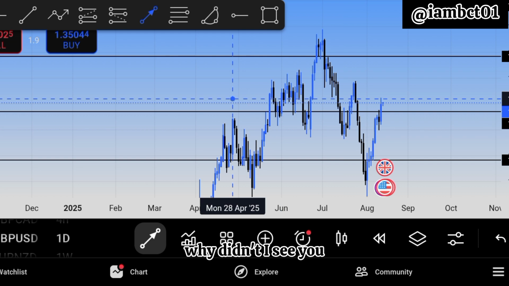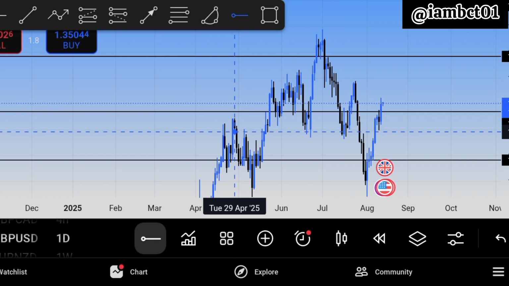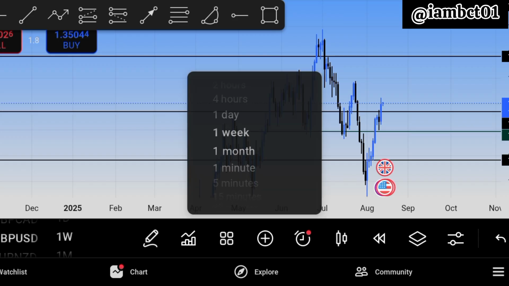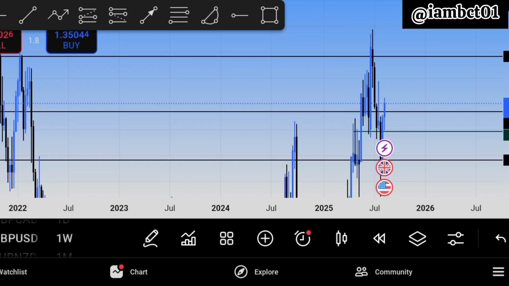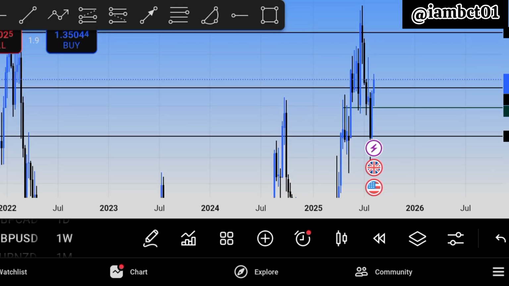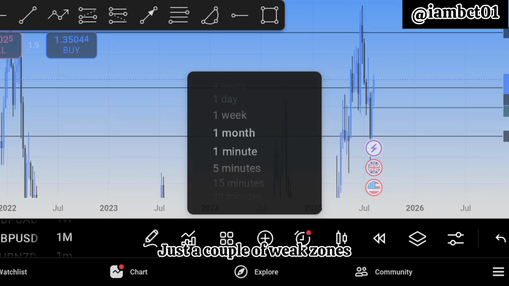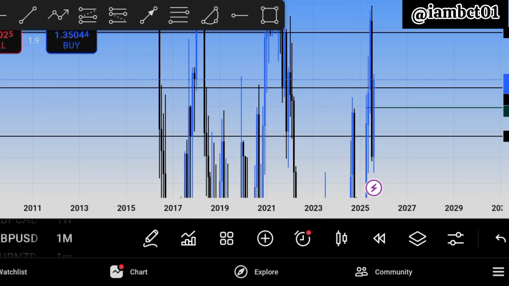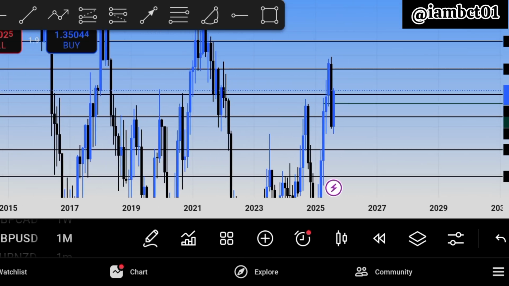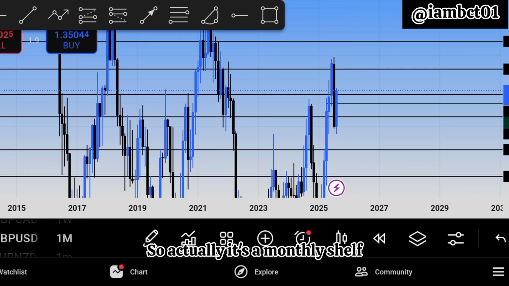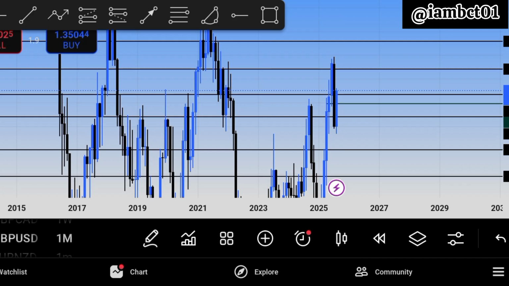Something happened from that zone. Just a couple of weak zones. Wow. It's actually a monthly zone.